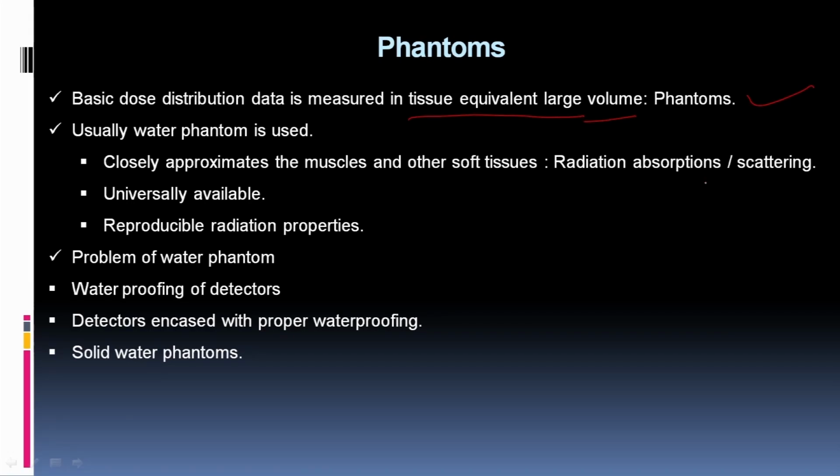Now, there are some problems or limitations of the water phantom, because we need to immerse radiation detectors. During our dose measurement, as we have discussed, we apply a very high potential, up to 300 volts, between the anode and the cathode. So waterproofing of the detector is a must when using the water phantom.